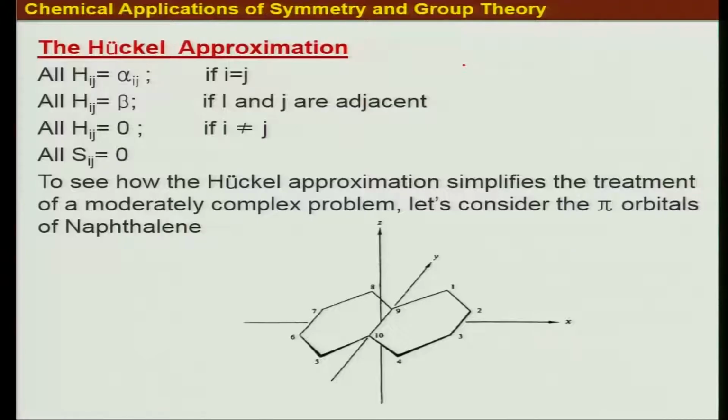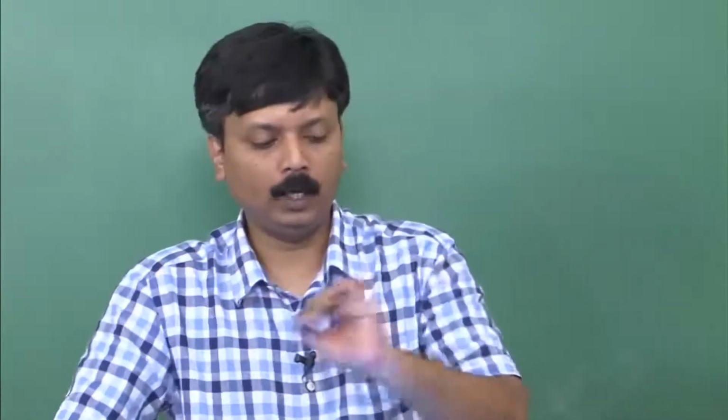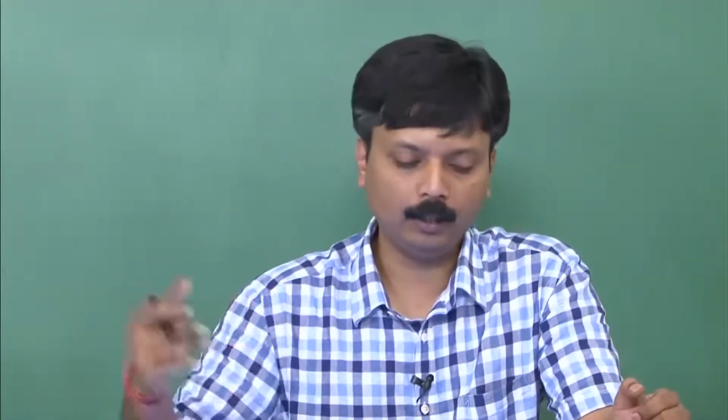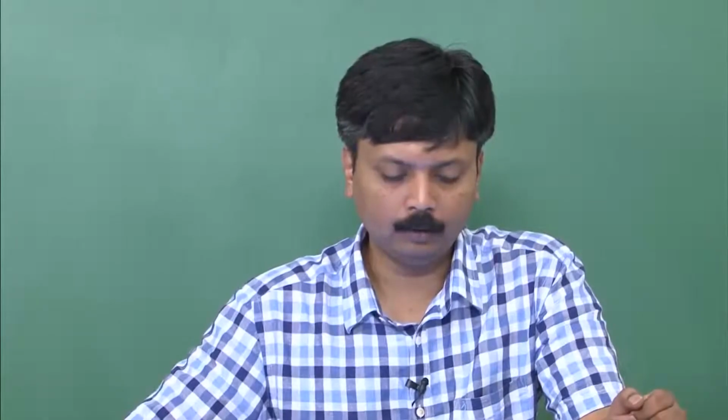Alright, if I consider the special case when i equals j, then I have Hii. This Hii is alpha, and this alpha is taken to be the zero of the energy. We will talk about that in detail later when we take a particular example and explain it.